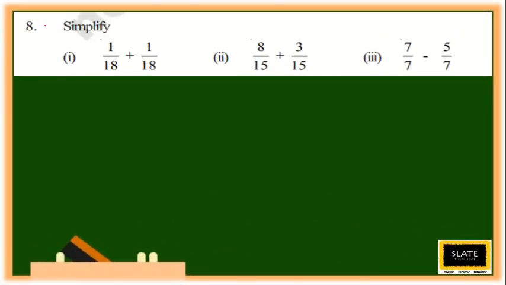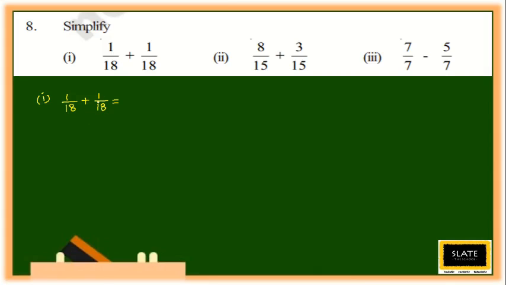Next, eighth one. Simplify. They have given bits, so let us simplify one by one. First one, 1 by 18 plus 1 by 18. Observe both denominators, they are same, so they are like fractions. When we are adding like fractions, what do we need to do?